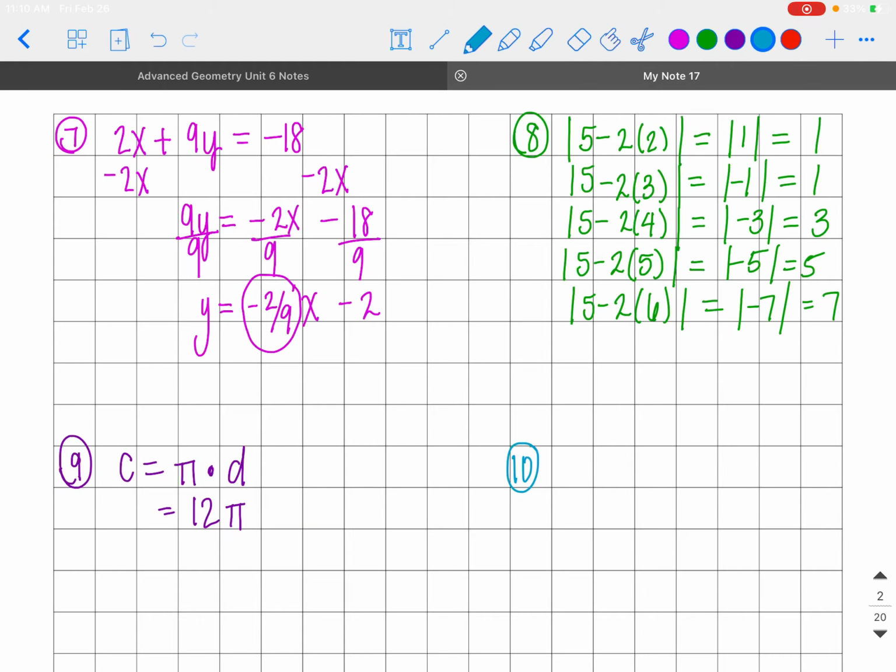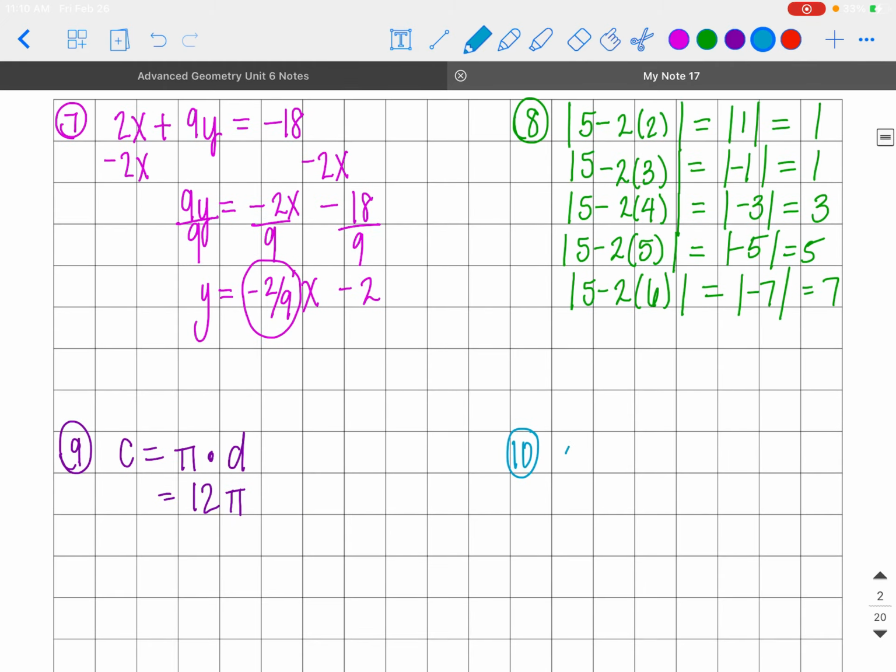Just plugging in numbers. 2 times a squared times b minus 5 times a times c squared. All you got to do is type that into your calculator and you get negative 330.